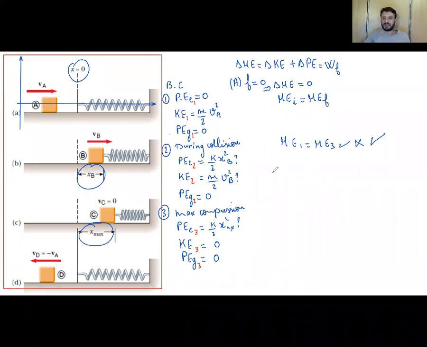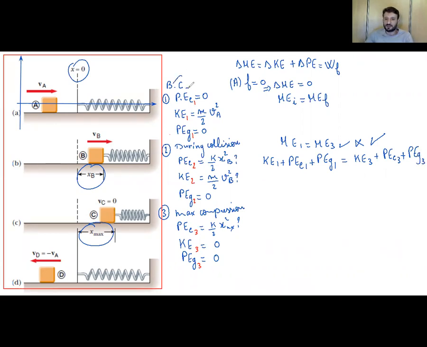The mechanical energy equals the summation of kinetic and potential energy: kinetic 1 plus potential elastic 1 plus potential G1 equals kinetic 3 plus potential elastic 3 plus potential G3.